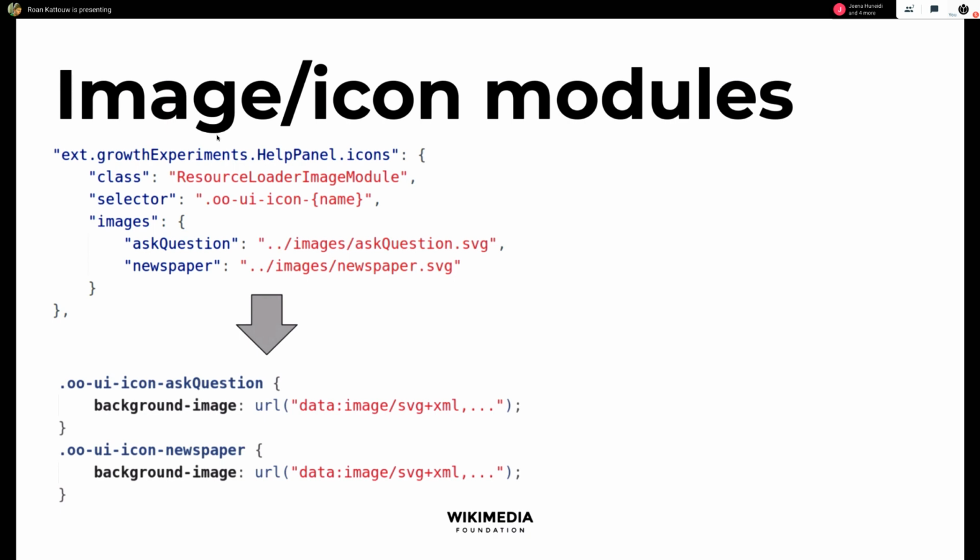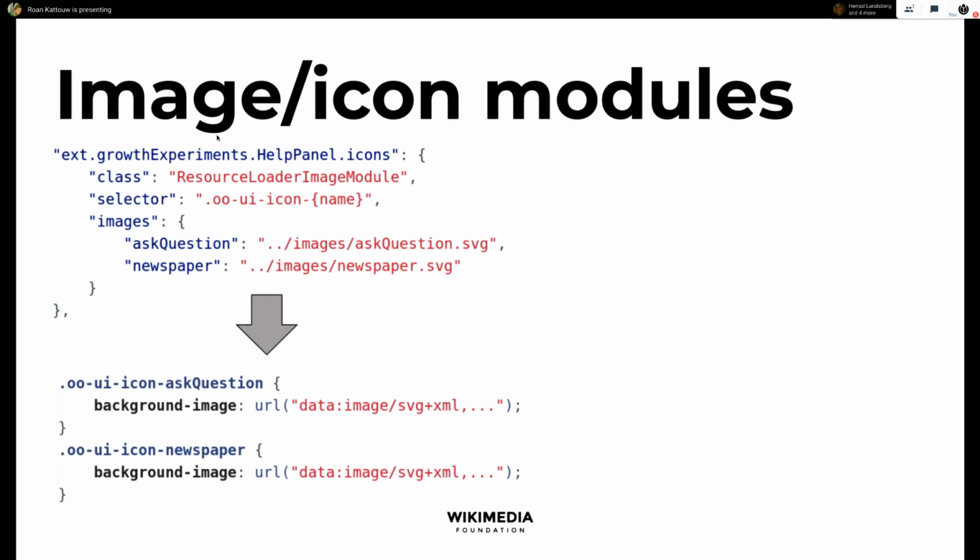Another cool thing that you can do that not enough people know about is that you can have what we call icon modules or image modules, which are basically just modules that add OUI icons or insert your favorite icon management system here and that embed a bunch of images.